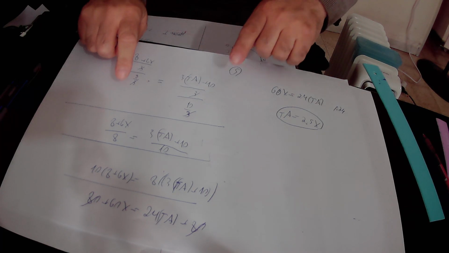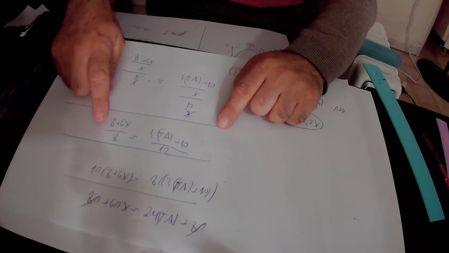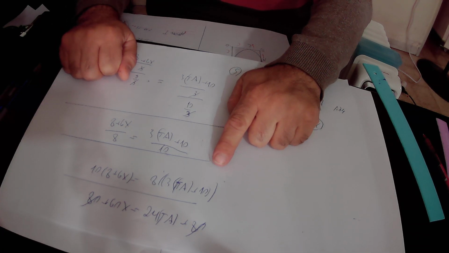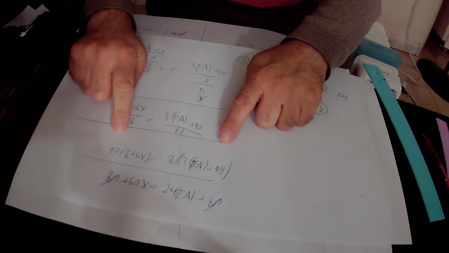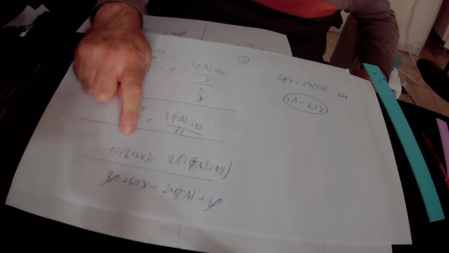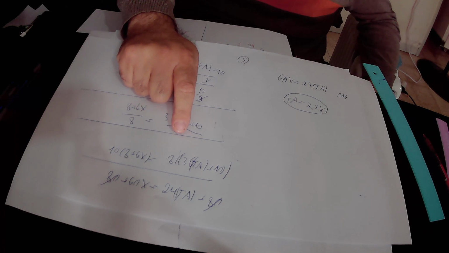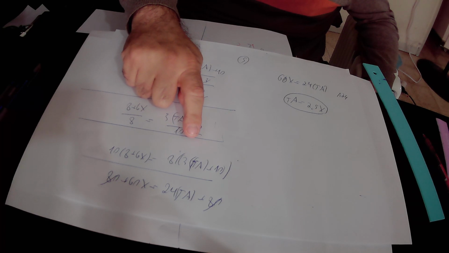Here we cross multiply this equation and find that 10 times (8 plus 6x) equals 8 times (3TA plus 10). We open the brackets on both sides and find that 10 times 8 is 80 plus 10 times 6x is 60x, equal to 8 times 3TA is 24TA plus 8 times 10 is 80.